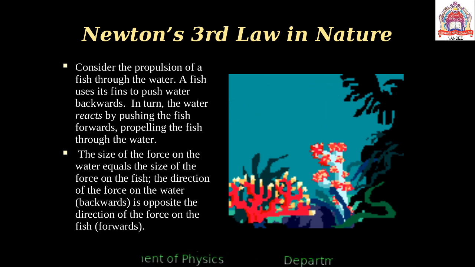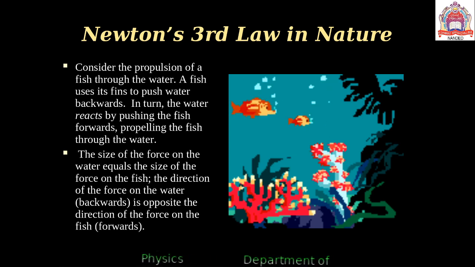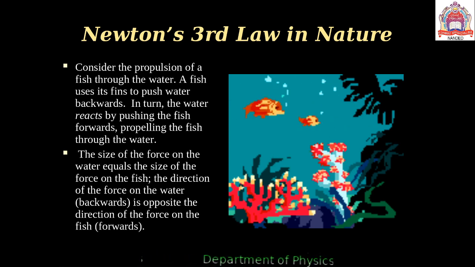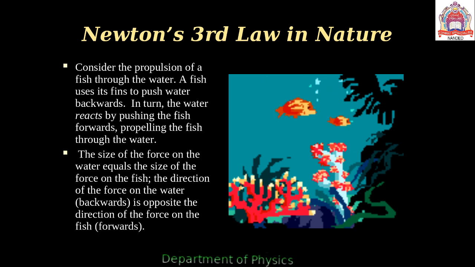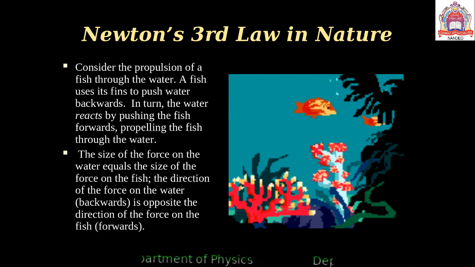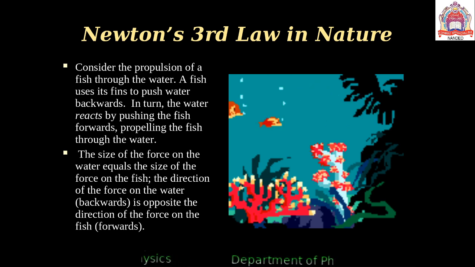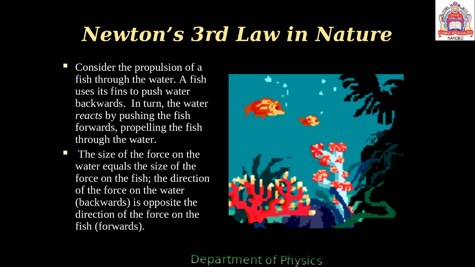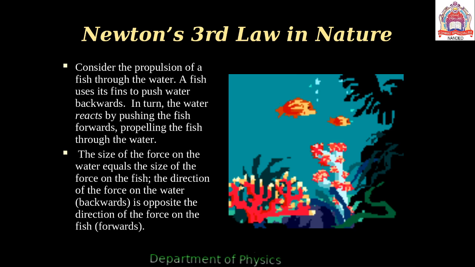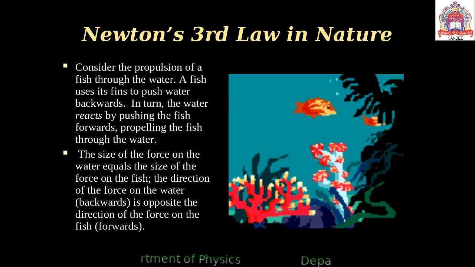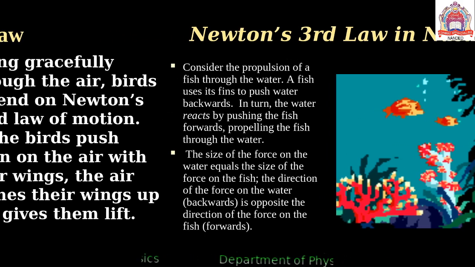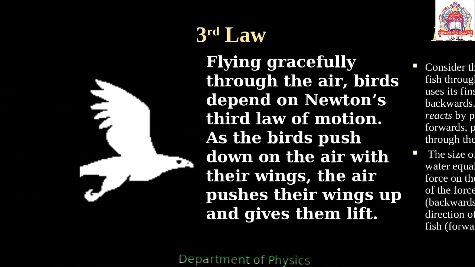In turn, the water reacts by pushing the fish forwards, propelling the fish through the water. The size of the force on the water equals the size of the force on the fish. The direction of the force on the water, backwards, is opposite the direction of the force on the fish, forwards. This is an example of Newton's third law in nature.